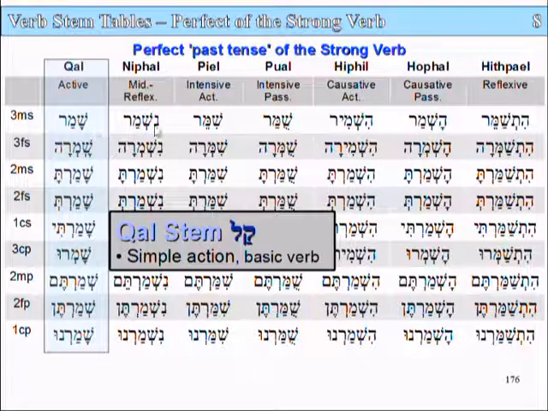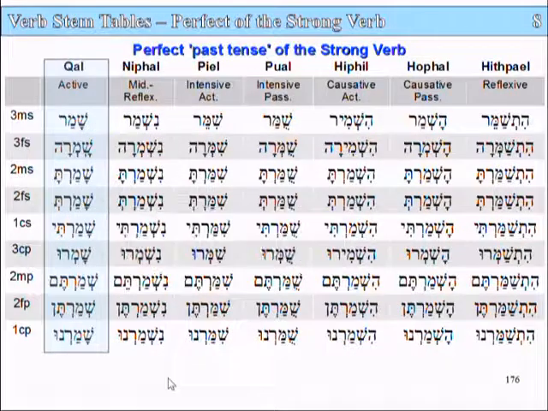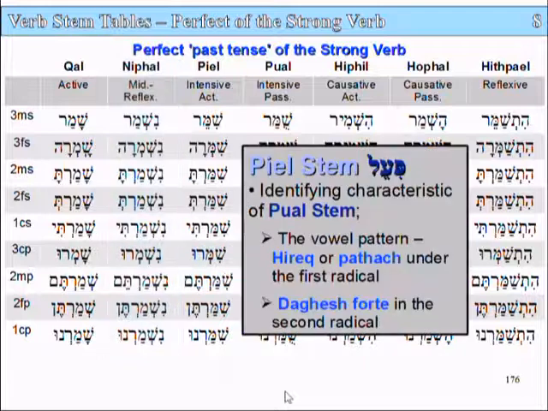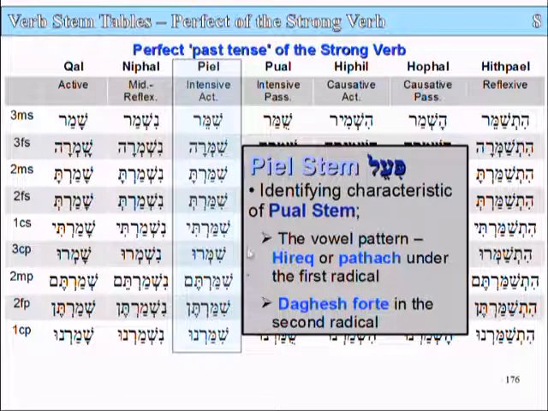And now we'll compare it to the Niphal. And the Niphal basically just has a nun prefix in front. That's its distinguishing characteristic. And the Piel, it is similar to the Qal in appearance, except the vowels are different.